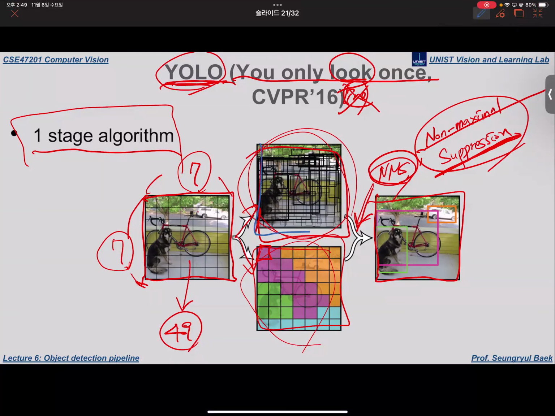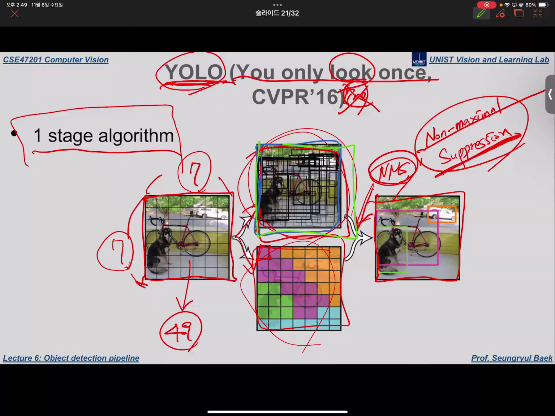For each grid cell, they infer 2 bounding boxes. Because there are 49 grid cells, and for each we estimate 2 bounding boxes, there will be 98 boxes estimated, and that's the result here.